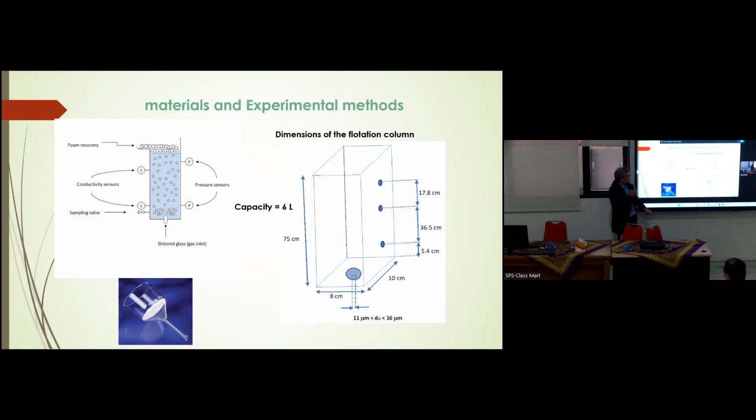Okay. So we put some probes, pressure probes. I will explain why I put pressure probes. The capacity is 6 liters. A small cell, but not very small.